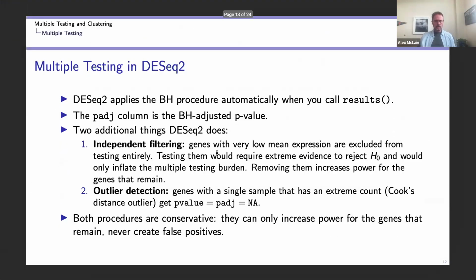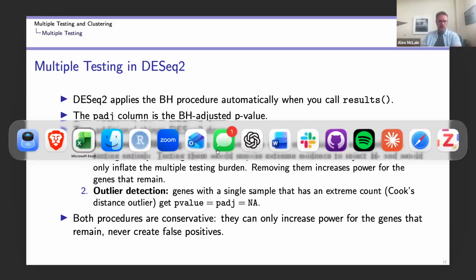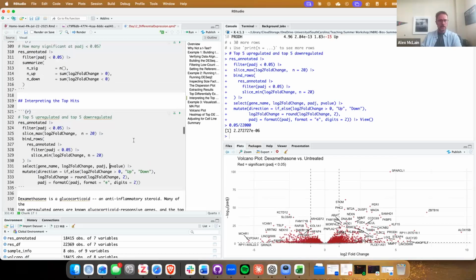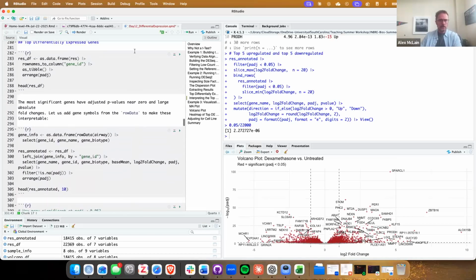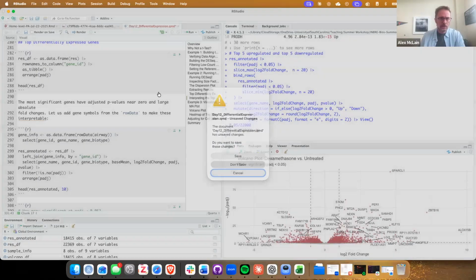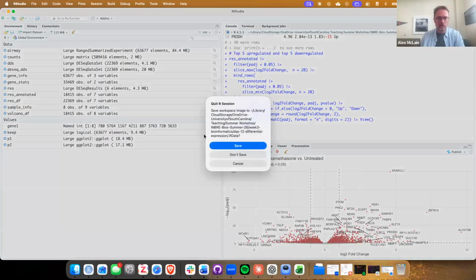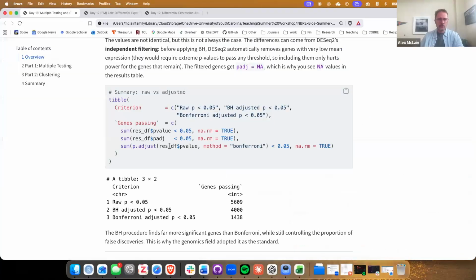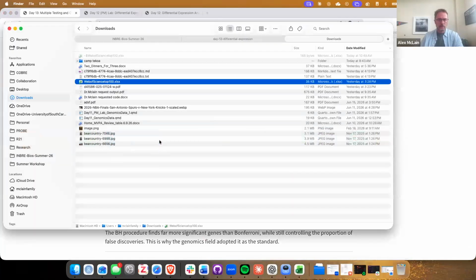Okay. So DESeq2 applies the BH procedure automatically when you call results. There are other procedures that you could use. So I'm going to go back to what we've been using for today.